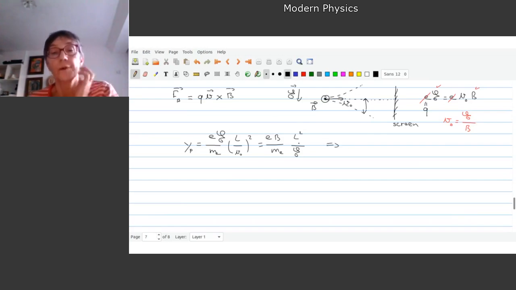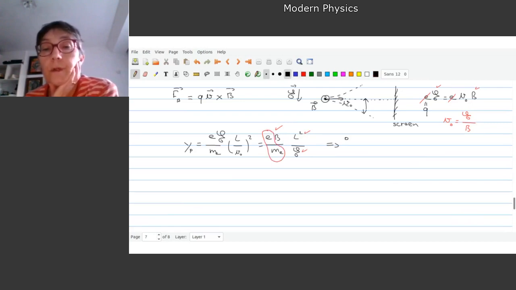Okay, and so what you can measure with this apparatus, this is not E because you don't know. What you know is B, you know L, you know E, okay? But you don't know this quantity here. So you can measure it, and this is what Thomson did.